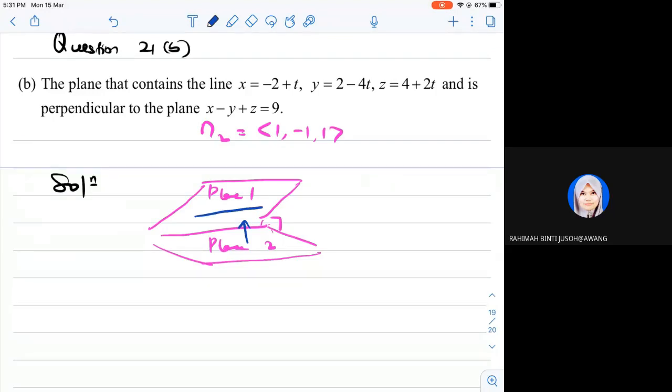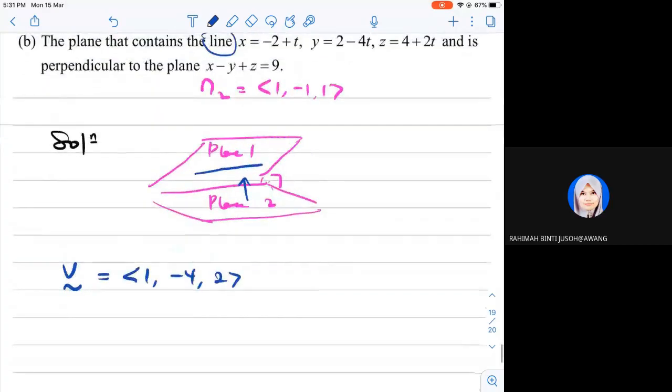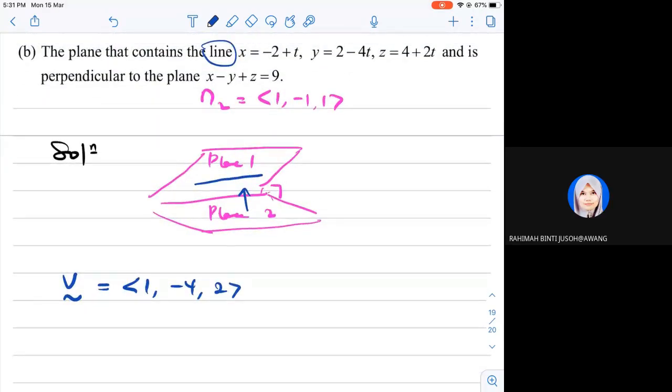Faham tak? Sebab the first plane, dia perpendicular dengan plane yang kedua. Okay? So sekarang ni, kita tahu line biru ni, dia berada pada first plane. So automatically plane yang pertama ni dia adalah parallel terhadap vector, kalau kita boleh cari vector V tu, dia adalah 1, -4, 2, isn't it? Betul tak? Ya, betul. Okay, so maklumat daripada normal vector untuk plane yang kedua ni apa maksud dia?